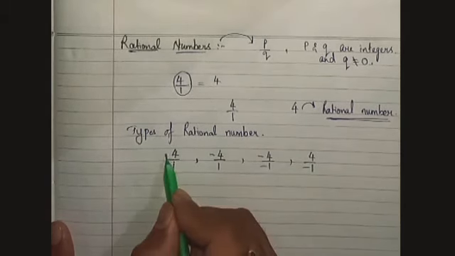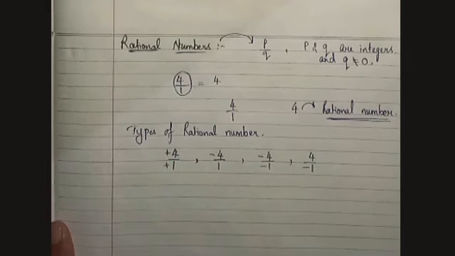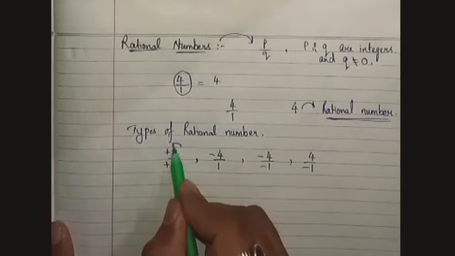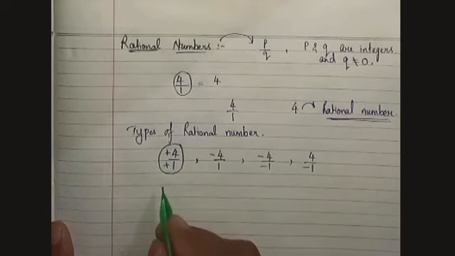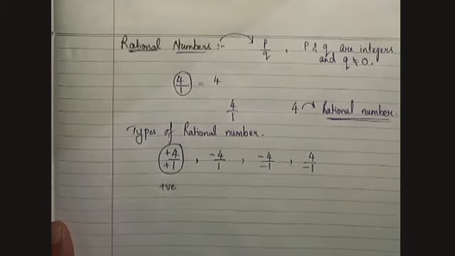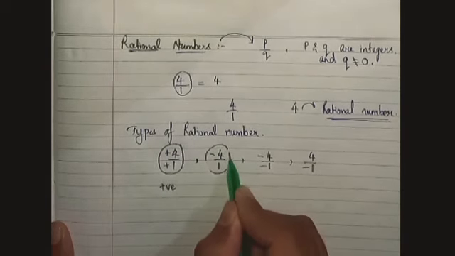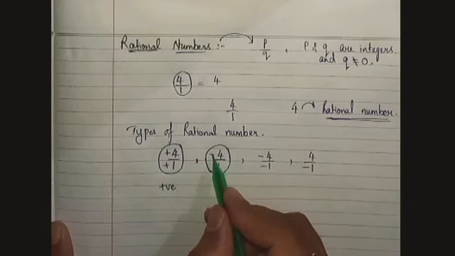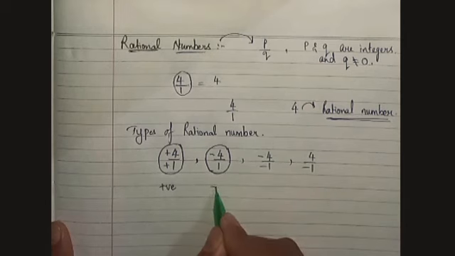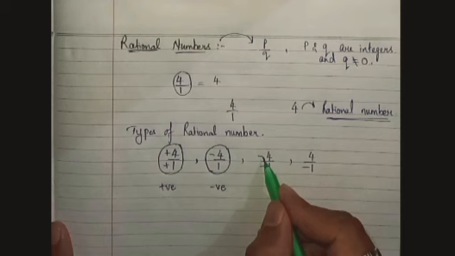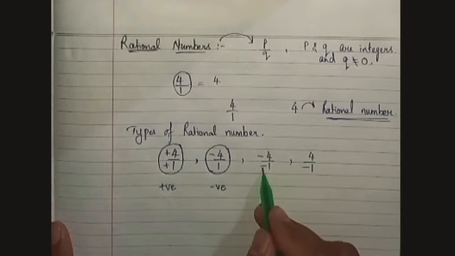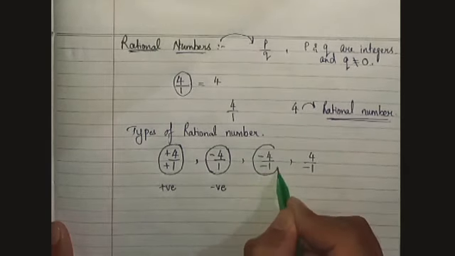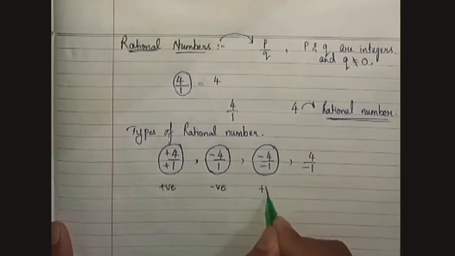So I can see here numerator is positive, denominator is positive, so the rational number as a whole will be positive. Here numerator is negative, denominator is positive, so on division I will get plus minus minus, that is a negative rational number. Here numerator is negative, denominator is negative, so minus minus plus, so I will get a positive rational number.